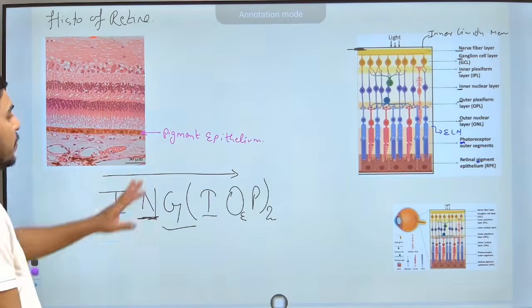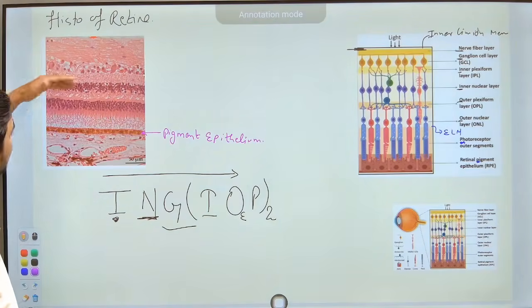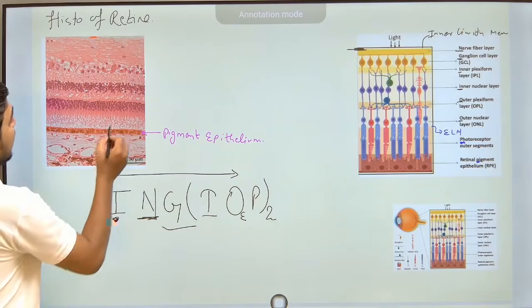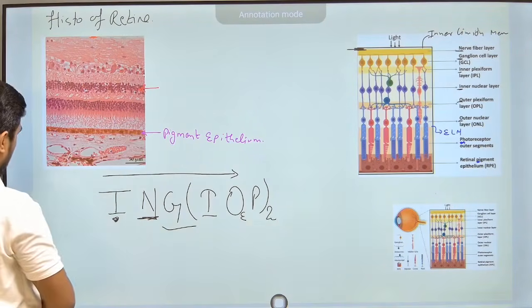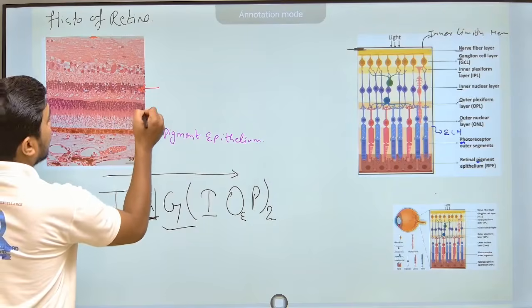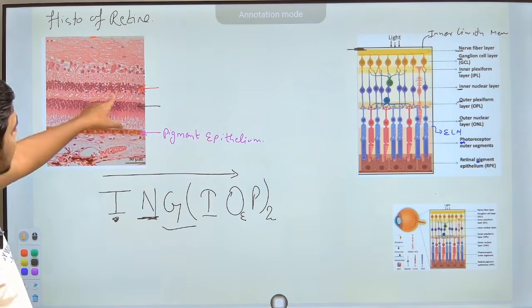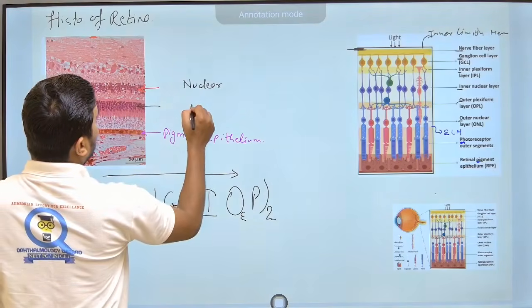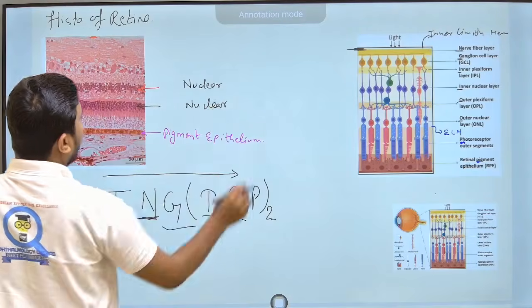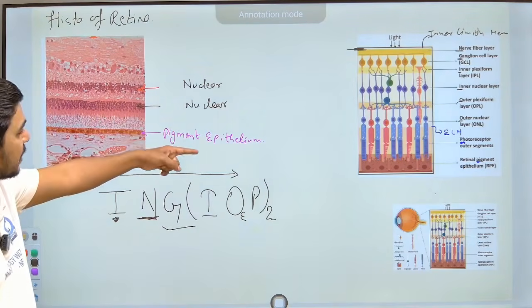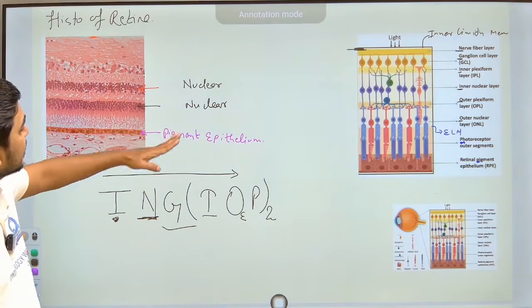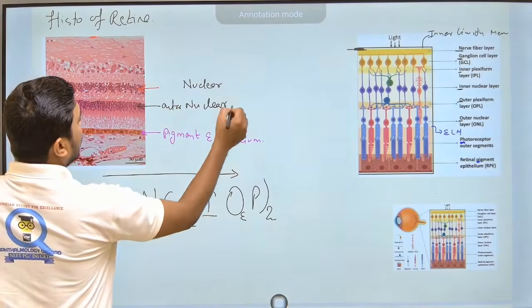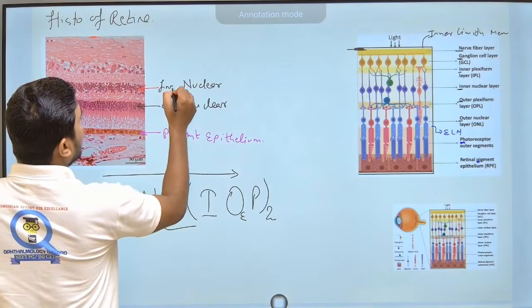Then you see where the nuclei are, in two places. Since the pigment epithelium is outside, this is the outer side and this is the inner side, so it will be the outer nuclear layer and the inner nuclear layer.